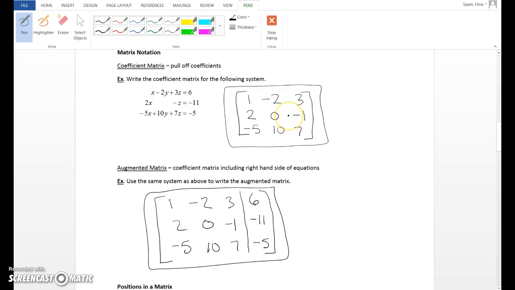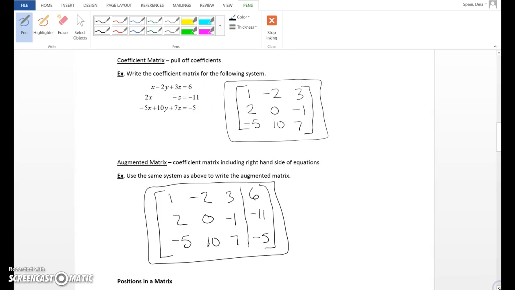Everyone does that well. Augmented matrix, make sure you put the line here, and then put those right-hand sides over there. But also, make sure you can go the other way. If they give you the augmented matrix, can you write out what that system is? You're going to practice that in WebAssign.